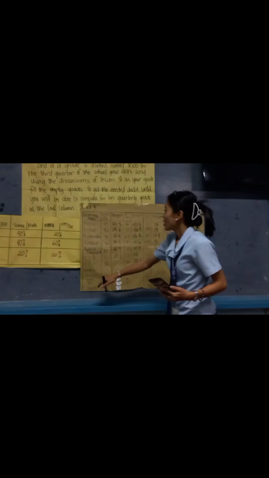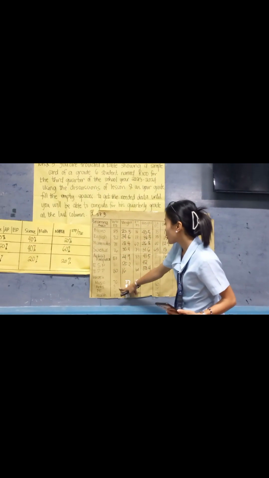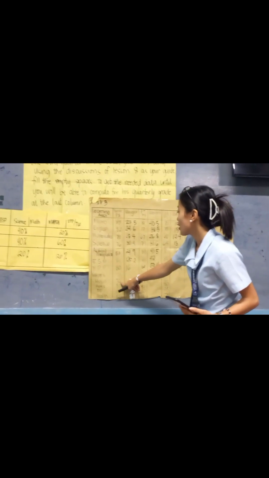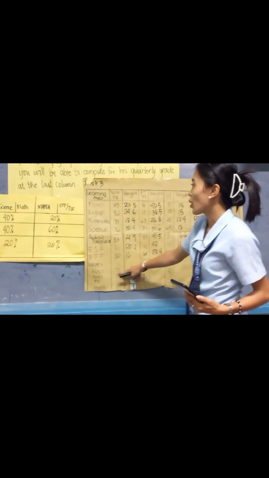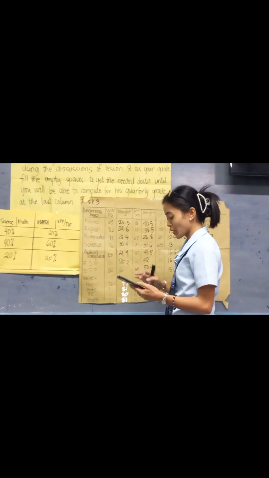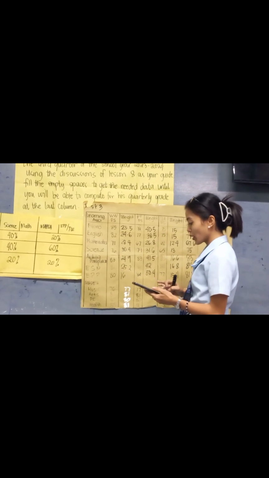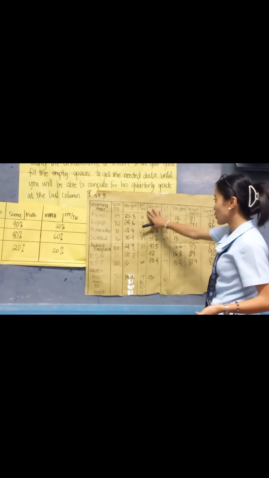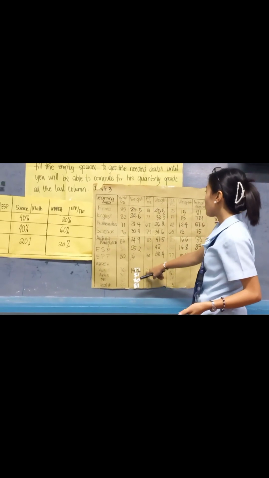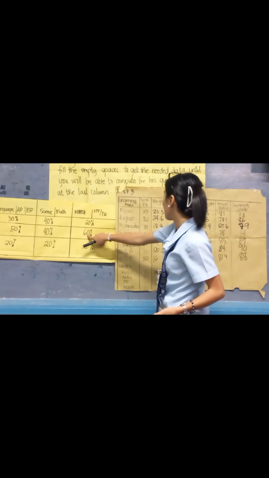Now let's proceed to the MAPEH. So the written work here in music is 76. So we are going to multiply by 20% here in written work. So 76 times 0.20 is 15.2. And then let's proceed to the performance task of music, which is 60%.